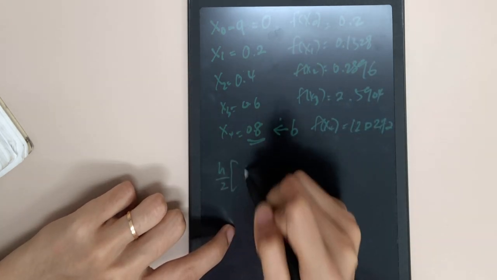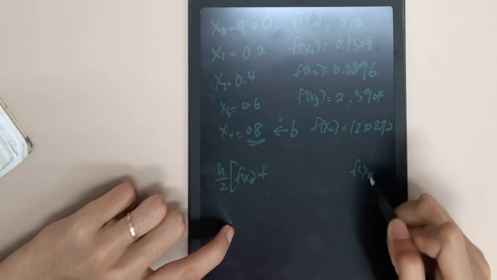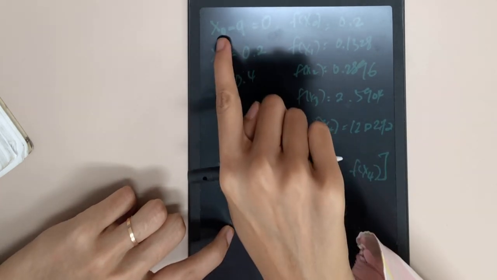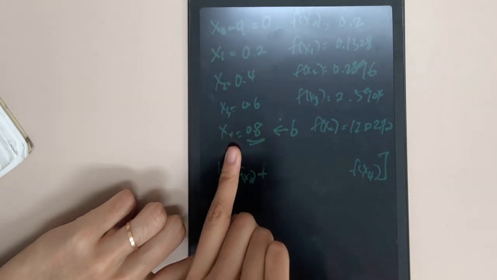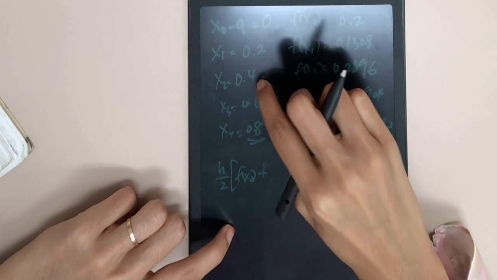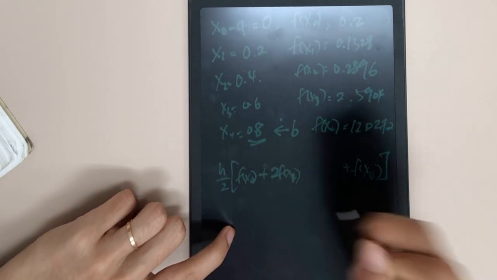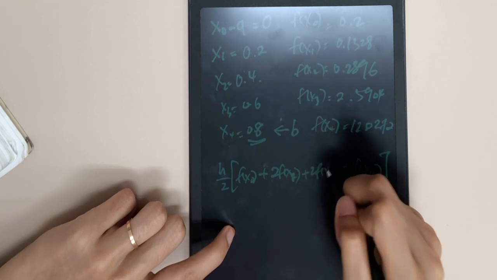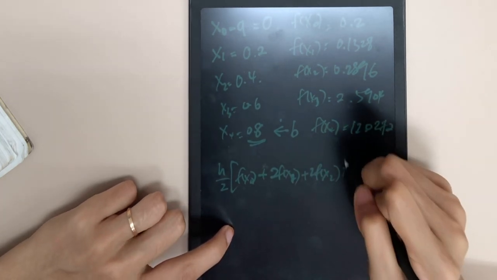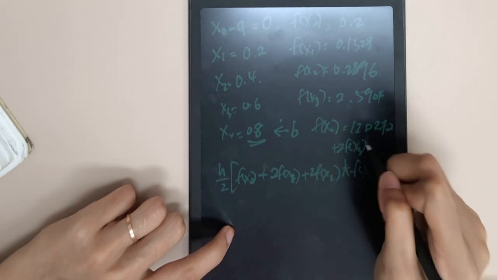So now we're back to the formula. The formula here is f(x0) plus f(x4). The first point is x0, the last point is x4. So f(x0), f(x4), and in the middle we have x1, x2, x3, so 2f(x1) plus 2f(x2) plus 2f(x3).